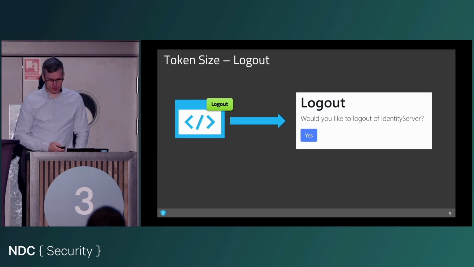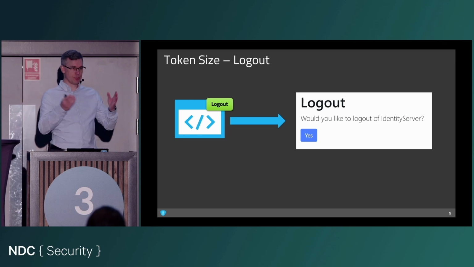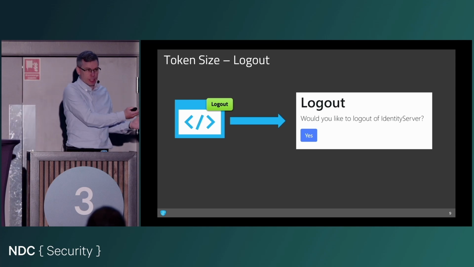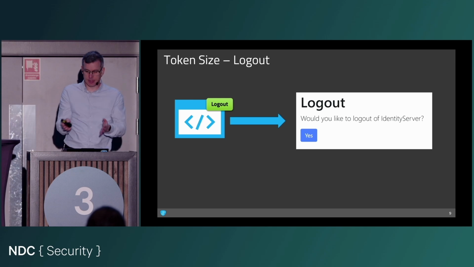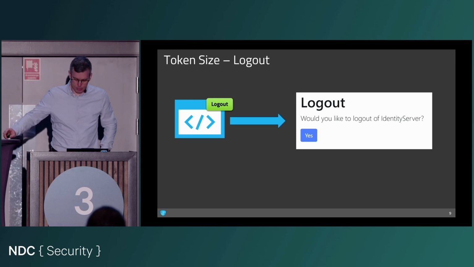And the reason for this is because of cross-site request forgery risk. The logout endpoint is a GET request, and anyone could redirect the user there. So we need this. This is a form post that contains proper anti-forgery tokens to prevent cross-site request forgery.